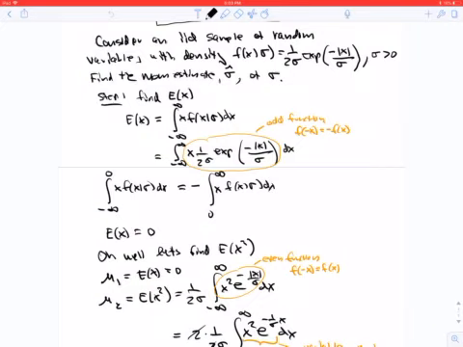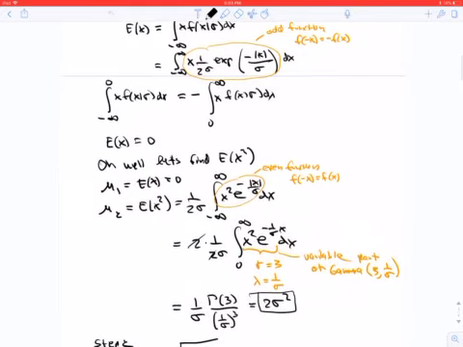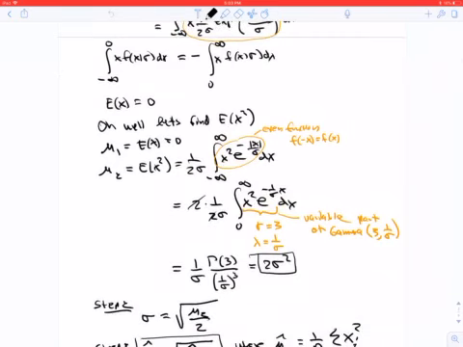So we find the expectation of x. However, because the integrand is odd, the expectation is 0, and so that's not going to be useful to us since the expectation needs to be a function of sigma. So let's try the second moment.